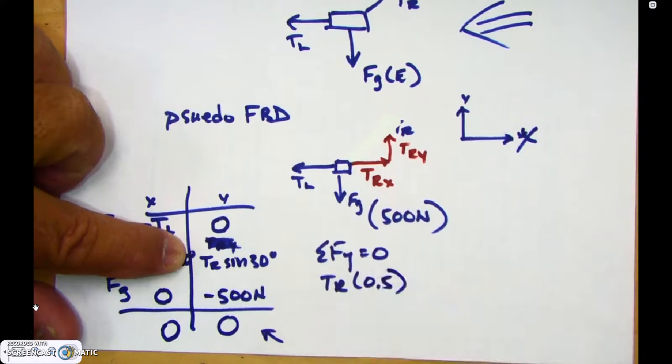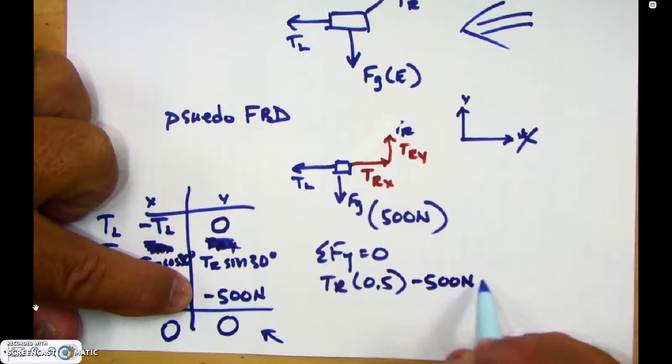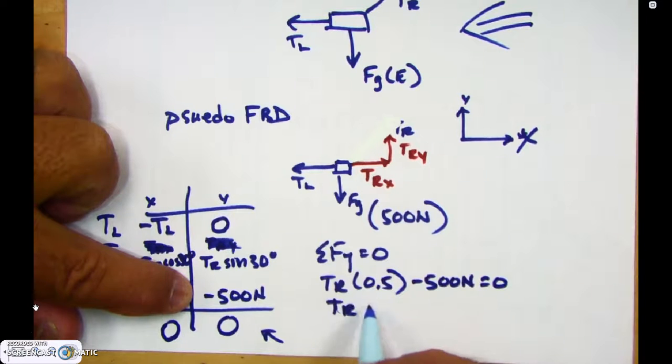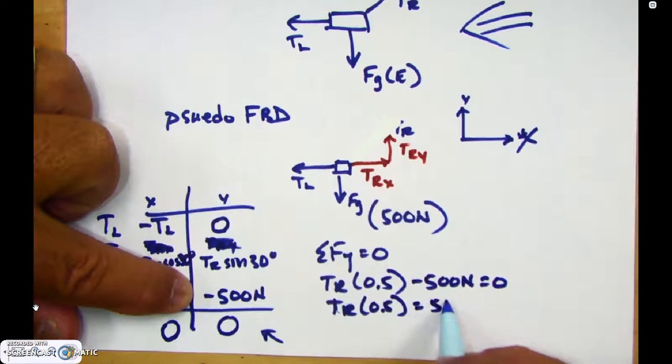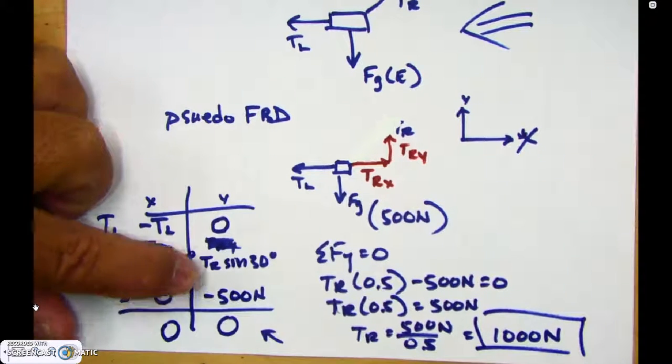Your calculator knows that. Minus 500 newtons is equal to 0. So I get TR times 0.5 is equal to 500 newtons when I move it to the other side. So therefore TR is equal to 500 newtons divided by 0.5. So TR is 1,000 newtons.